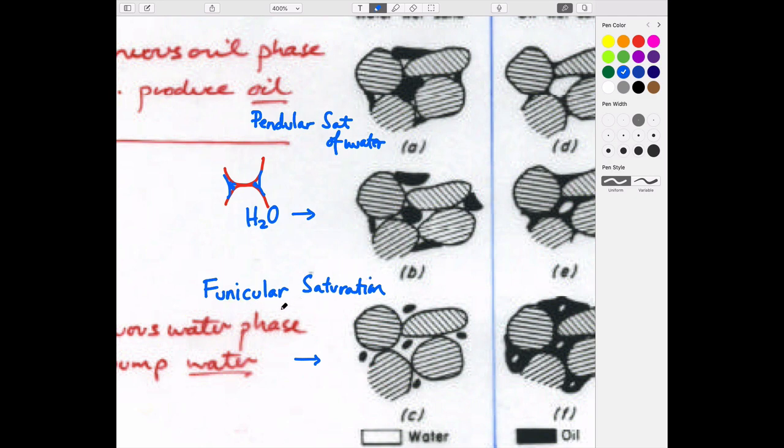Funicular means exactly that: to get these bubbles out, you have to physically carry them with the motion of the water. So funicular is the advection, if you like, required to carry these bubbles. And so as you keep on adding water to this system, you end up changing the geometry of the saturation.